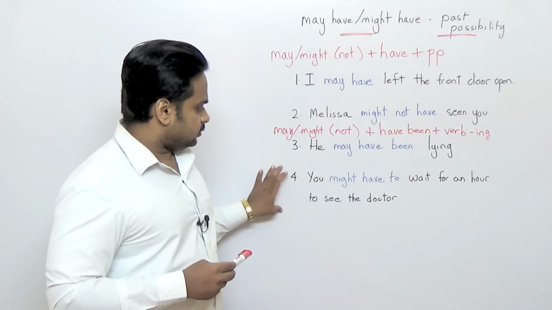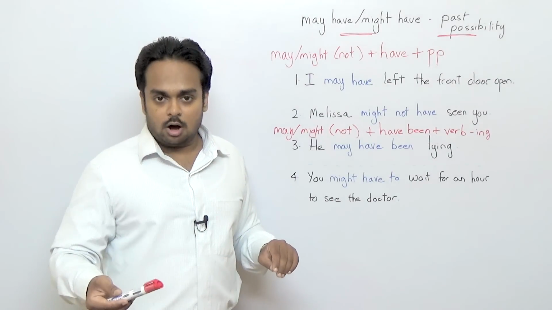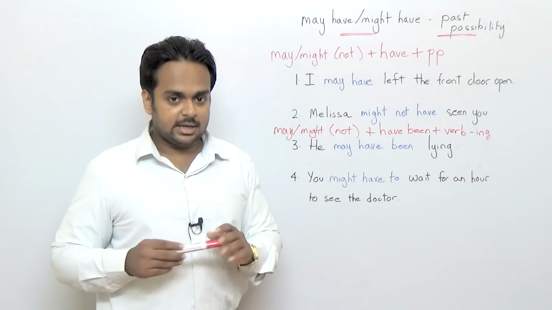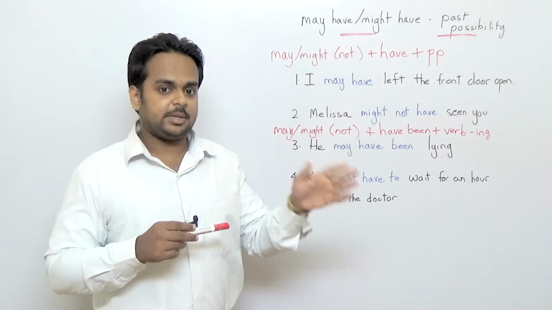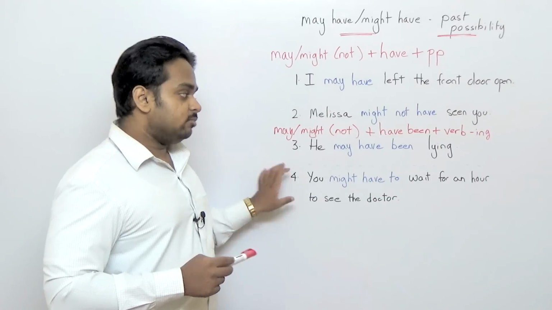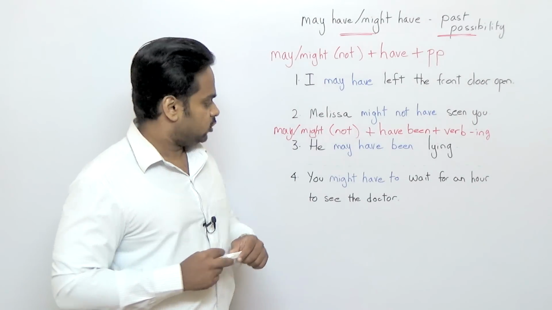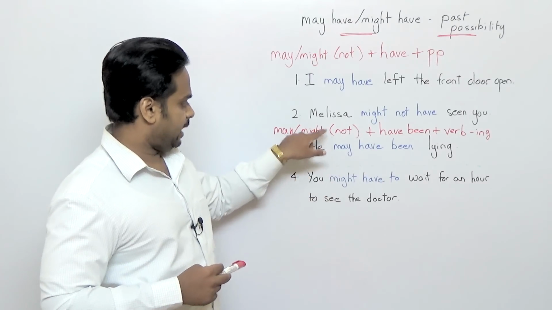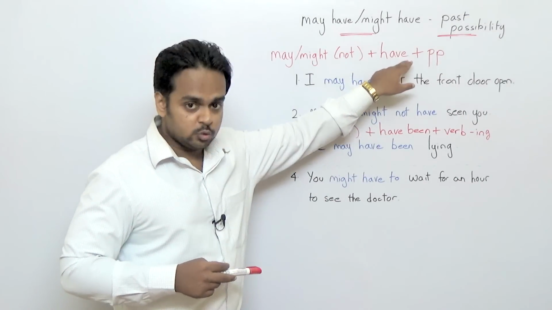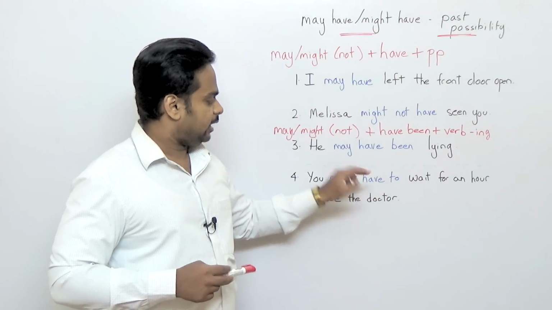So in this sentence, she is saying that if I come to the doctor's office, it might be necessary or it might not be necessary. She doesn't know, she's guessing. But she's saying you might have to wait for an hour to see the doctor. Okay, so this has the form of may or might plus have to instead of have.